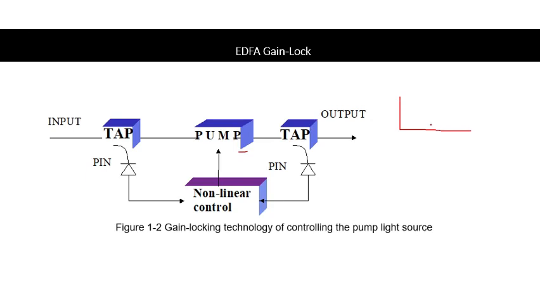Because in a multi-channel system, like if we have multiple channels here in the C band, once some channels, like two channels, go down in a particular fiber, then these two channels will get extra amplified, because the ions and pumping laser are the same here, and they transfer more energy to these two channels.